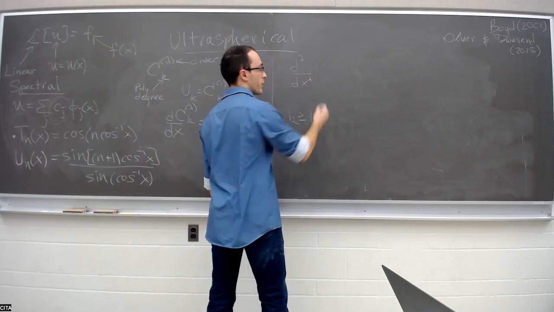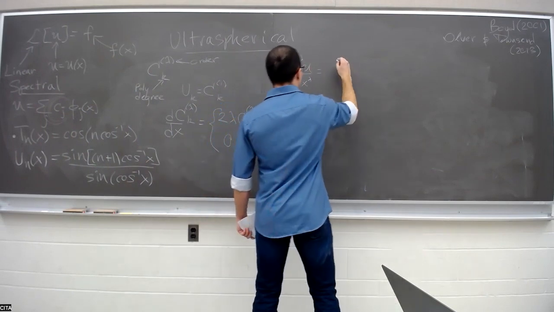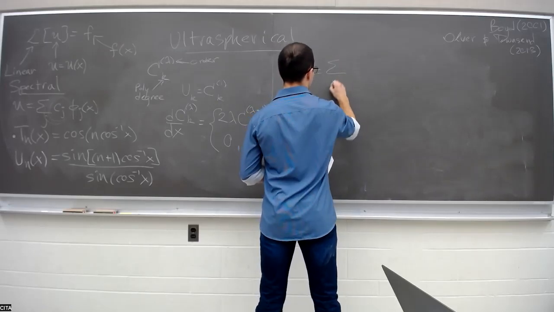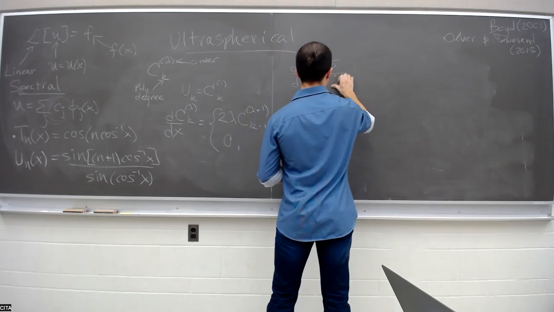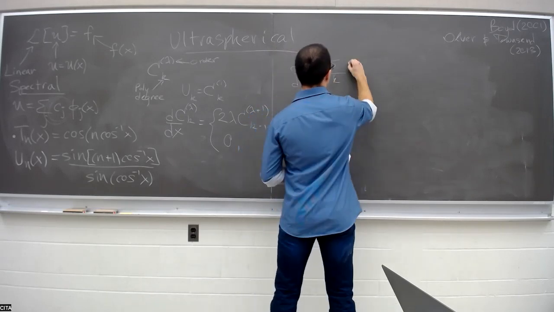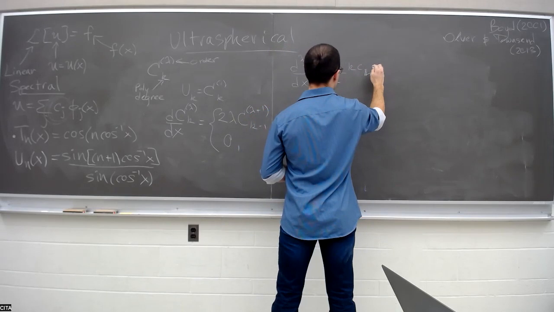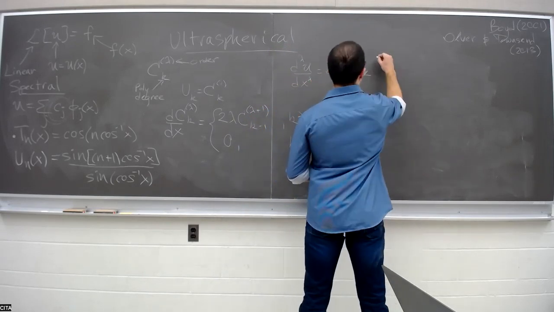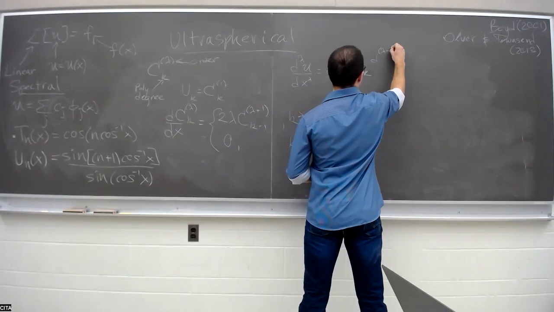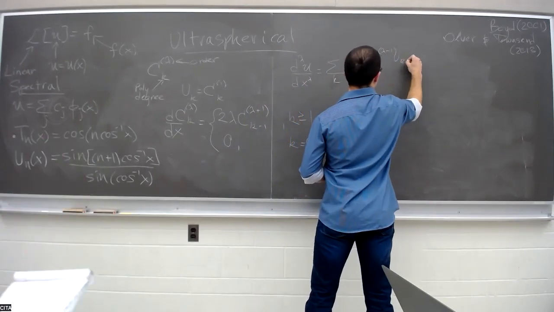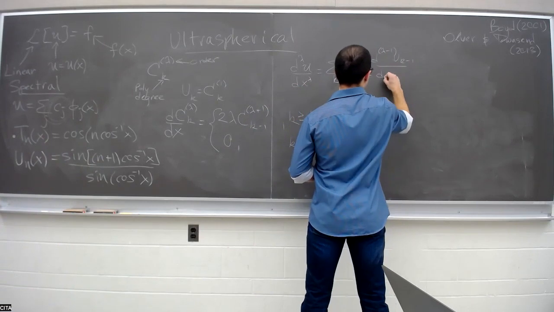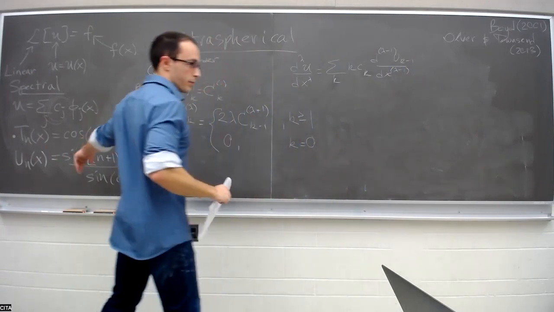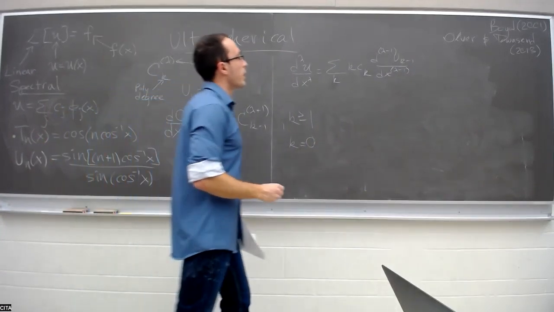derivative of order lambda of our solution, then we can first of all use the relationship between the Chebyshev polynomials of the first, and I'll write this with k's instead, of the first and second kind. So this is the derivative relationship that I wrote earlier.